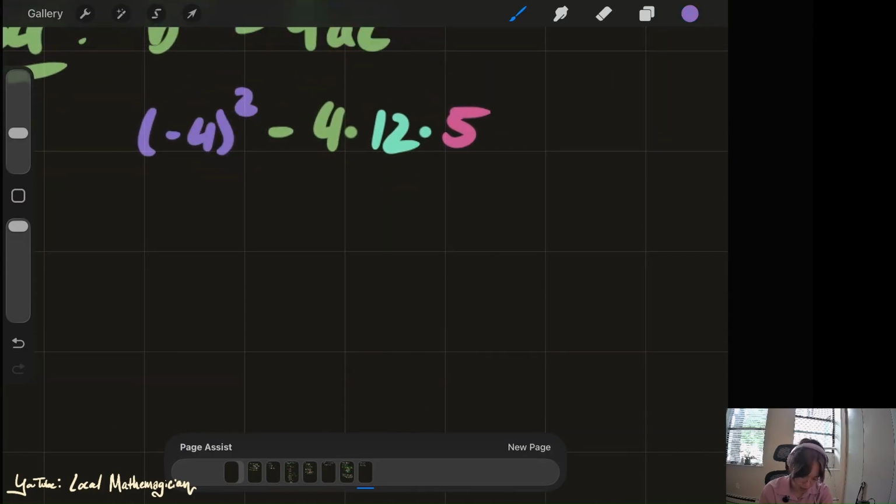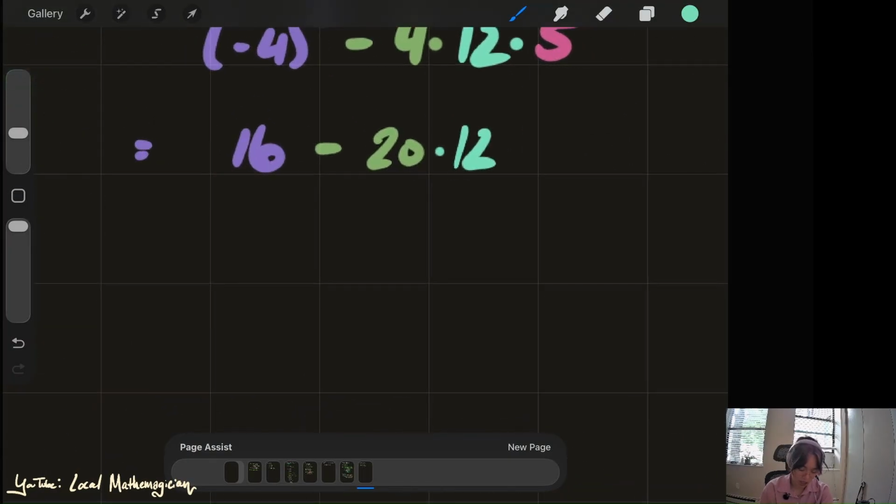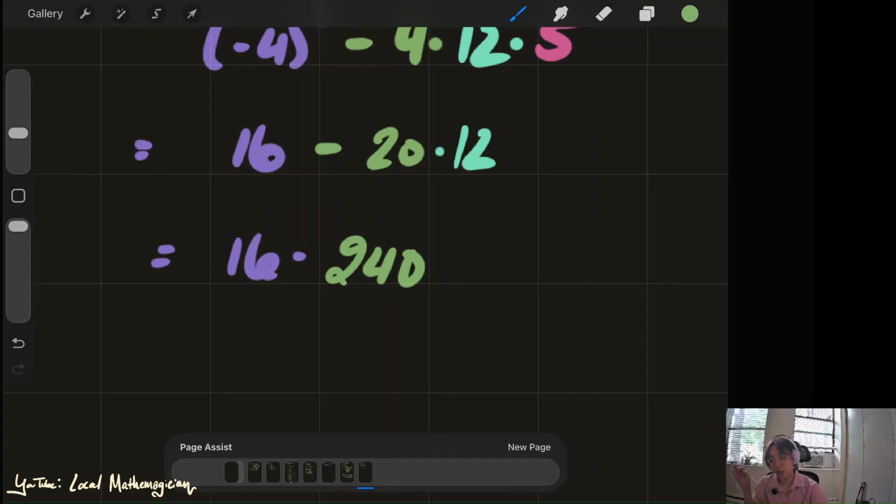Okay, and this means -4 squared is 16, minus 4 times 5 is 20, and then times 12. You can do this all in one step. I like to do it in 2 so I don't lose my place. And then I have 16 minus 20 times 12 is 240. Is this greater than 0, equal to 0, or less than 0?